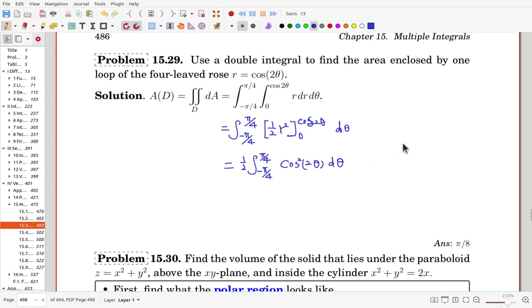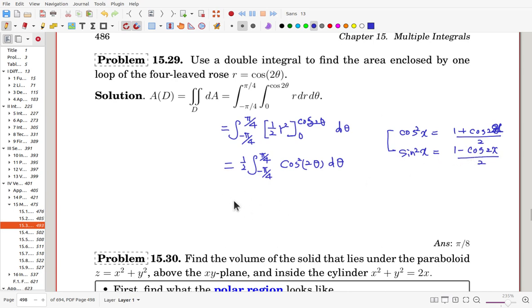Earlier, we considered this one, for example, cosine squared x equals half of 1 plus cosine 2x over 2, and sine squared x, that is 2x, not theta, is 1 minus cosine 2x over 2. We consider this formula and we'll use that.